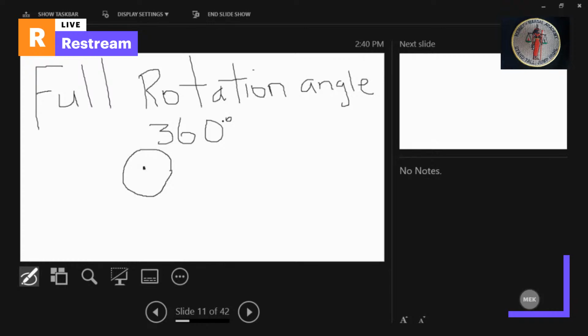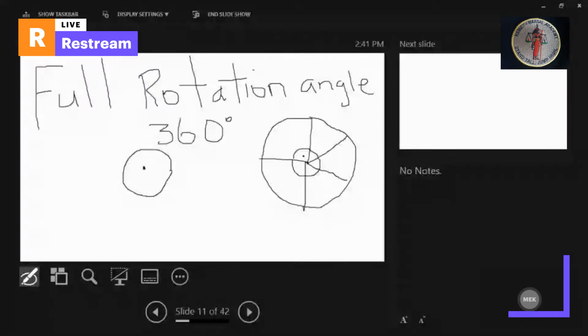360 degrees. So if we have a circle and we were to cut it up into smaller angles, it doesn't matter how many angles you cut it into, they all should add up to 360 degrees. So if they give you 5 angles and you know 4 of them, you can add up the 4 that you know and subtract it from the full 360 degrees, and you will get the missing angle.